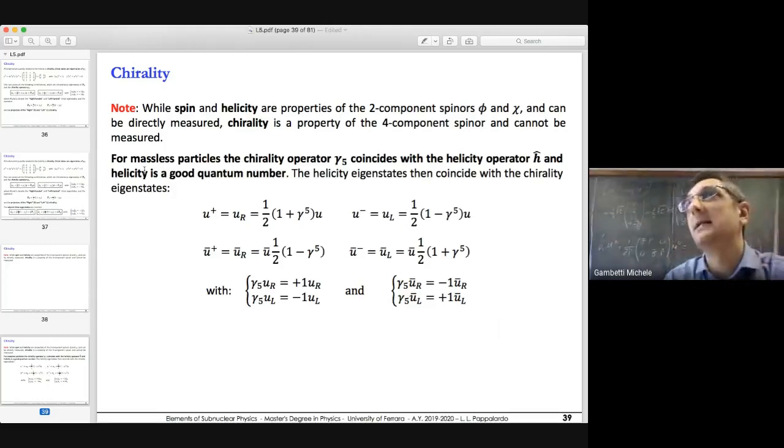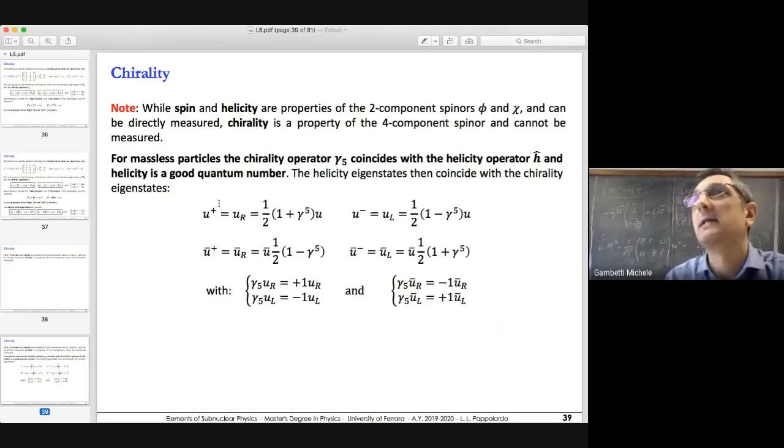Essentially, for a massless particle, the chirality operator coincides with the helicity operator. Or if you like, when we can neglect the mass, the helicity operator corresponds to the chirality operator, and therefore helicity is a good quantum number. And also, one can interchange the helicity operator with the chiral operator in the massless limit.